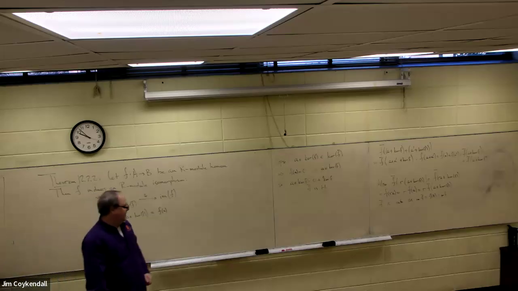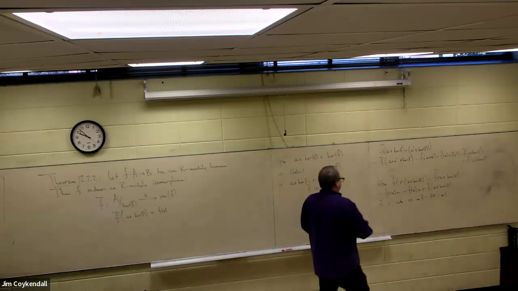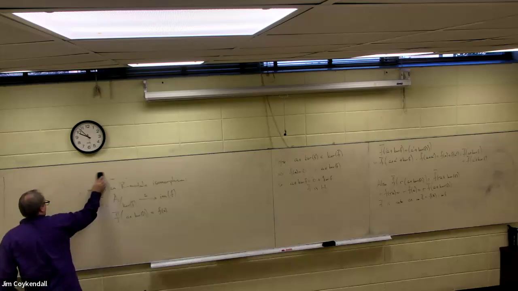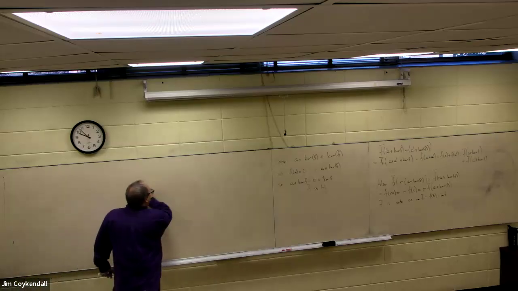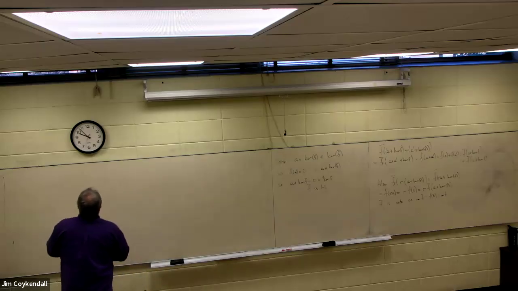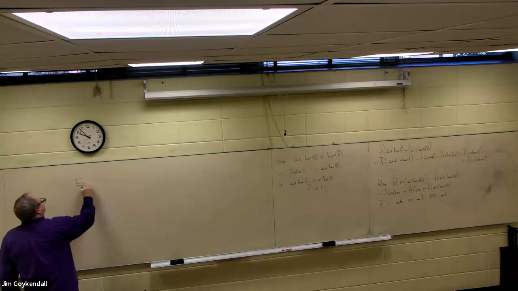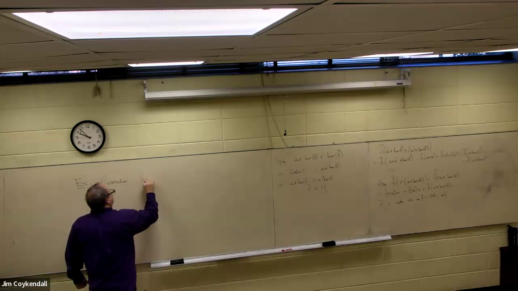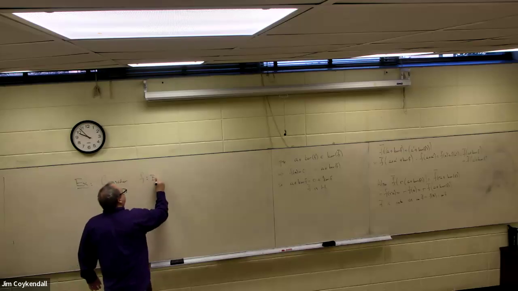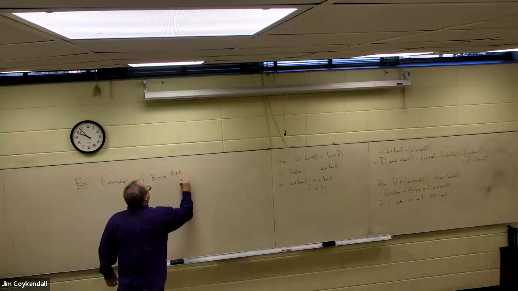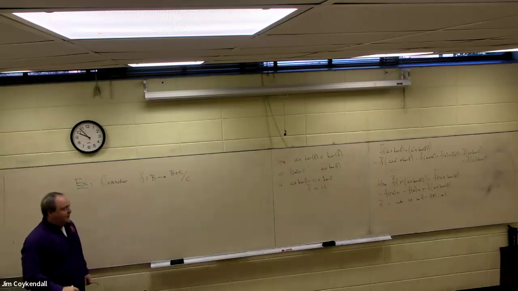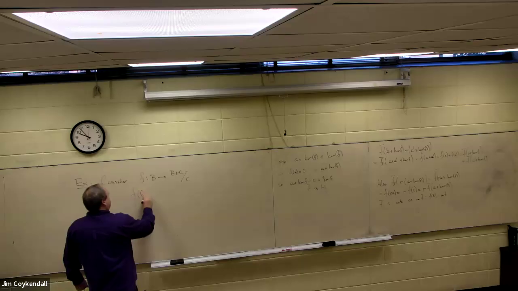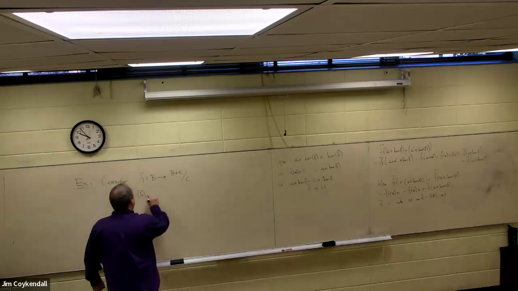For example, for part C, I'll give you a running start at this, if you want to reconvince yourself for the R module case. Let's say F from B to B plus C mod C. Let me give you a simple one here.